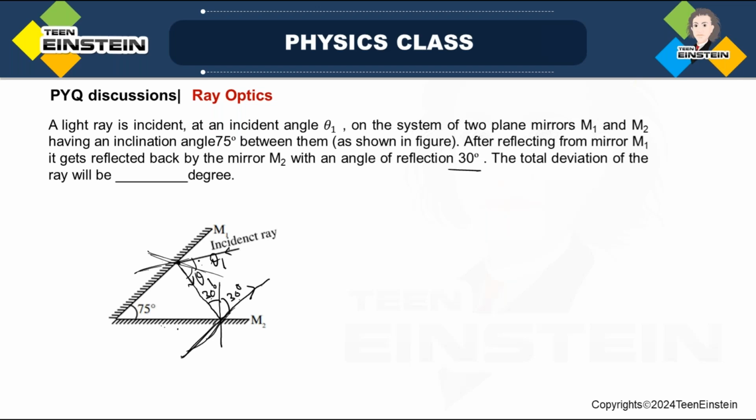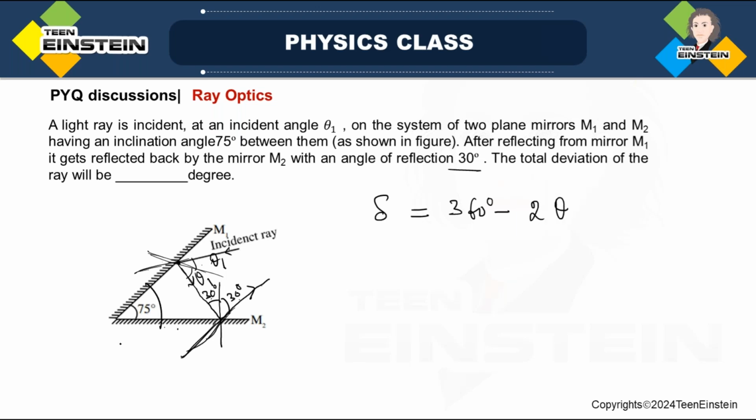but it is very easy to remember a simple formula in the case of plane mirrors. If they are kept at an angle theta, then the ultimate reflected ray from the second mirror will be deviated from the incident ray by an angle delta, and that is given by 360 degrees minus 2 theta.